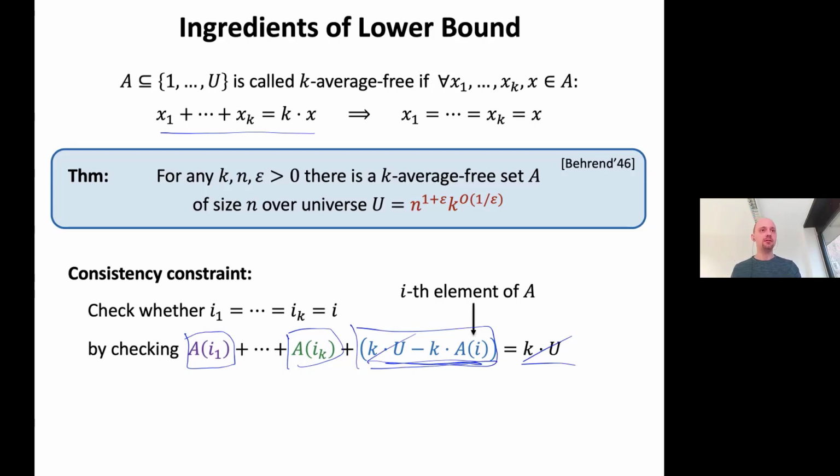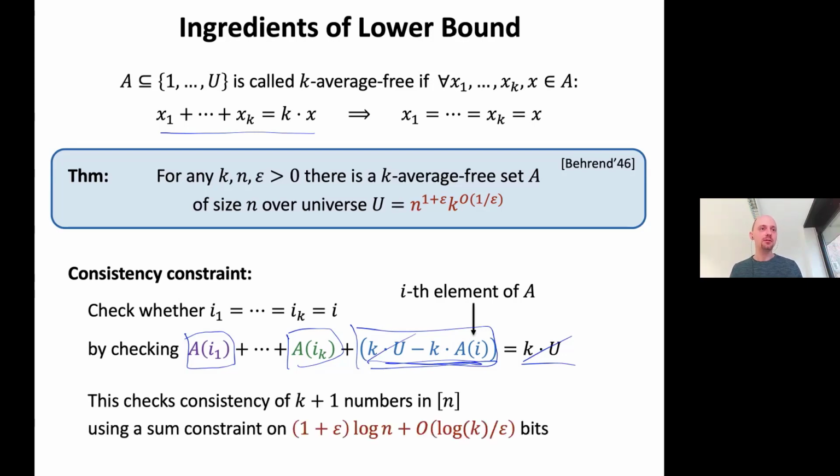Meaning that you can check an equality of k+1 numbers in a range from 1 to n by writing down one sum constraint. So you can check the consistency of k+1 numbers between 1 and n by using a sum constraint on a small number of bits.